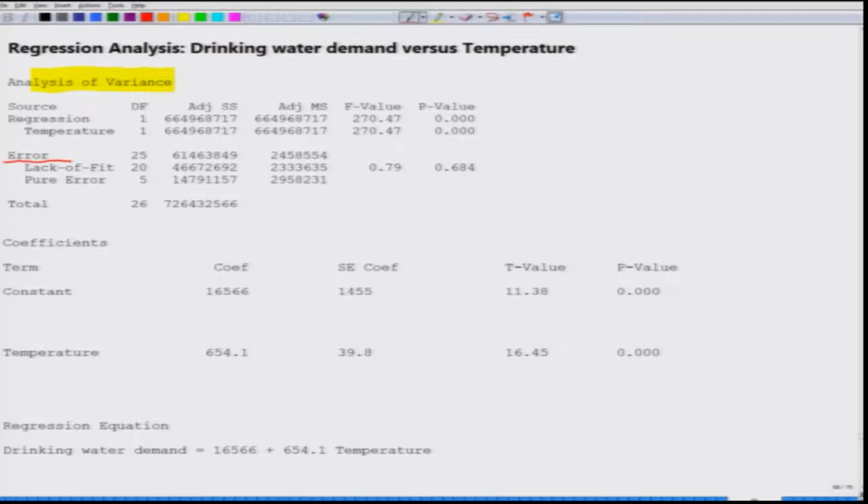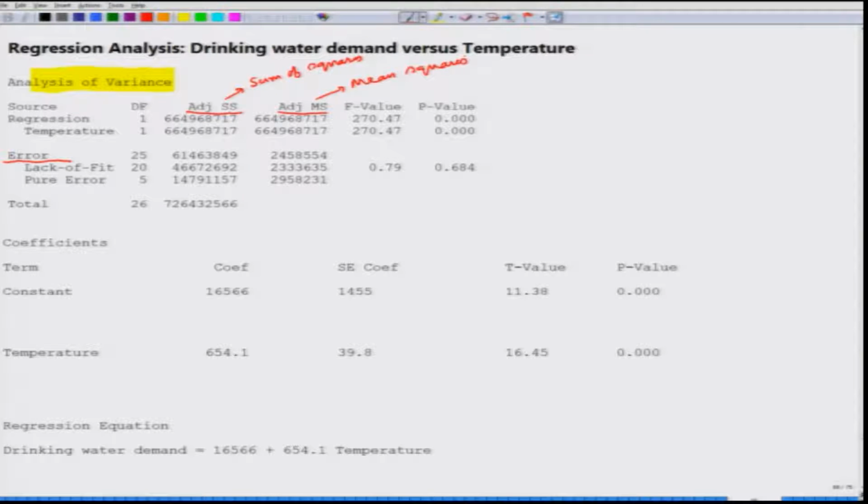Here you will see two values, one is adjusted sum of squares and the other is adjusted MS, that is adjusted mean square. SS means sum of squares and MS means mean square.